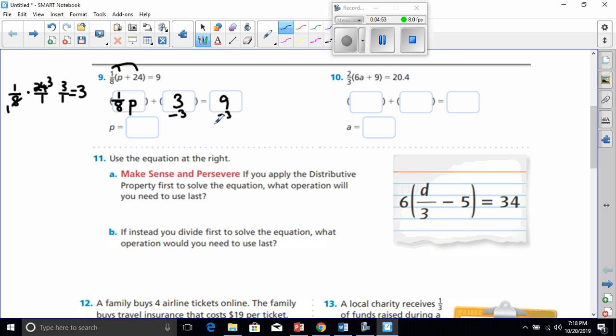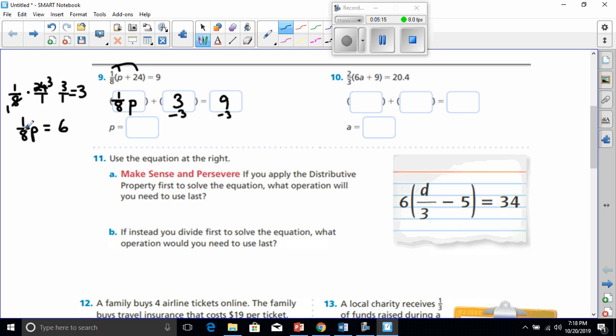So that means this problem is now going to be 1/8 p equals 6. But that's not what they're asking us here. They're asking what P is. And again, I'm not crazy about how the book has done this, but we're going to follow through.